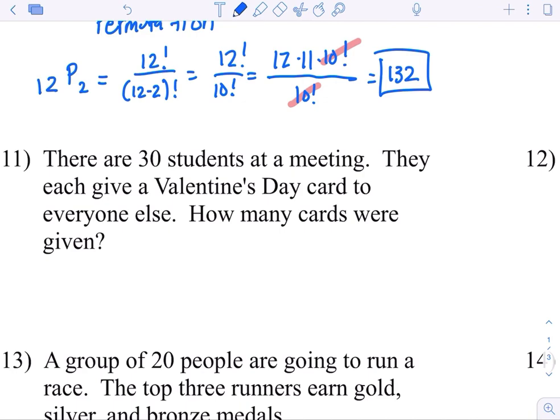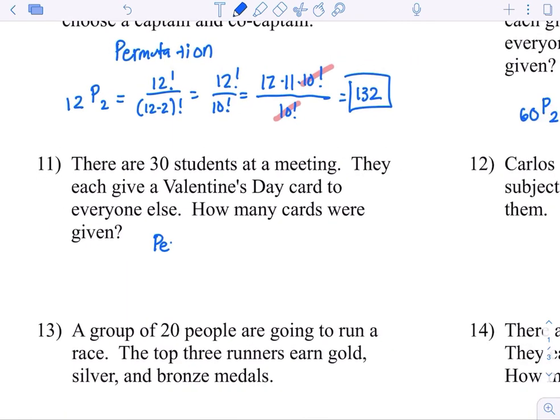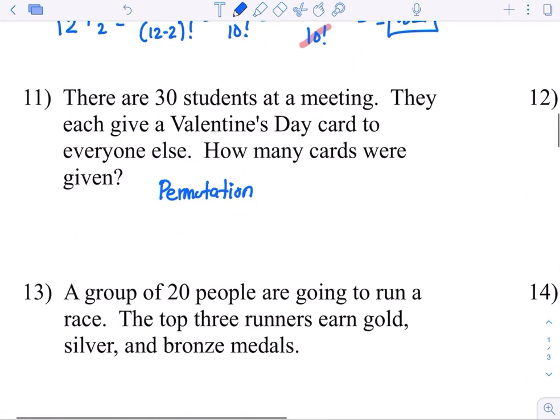11. So 30 students at a meeting, they each give a Valentine card to everyone else. How many cards were given? Alright, so this is the exact same one as the one previously, so permutation. Because, right, you have to give a card to every single person. Every single person needs a Valentine's Day card. So you got 30 choose 2, 30 factorial out of 30 minus 2 factorial. 2, you guys, because 2 is you giving out to each person, like one-on-one.